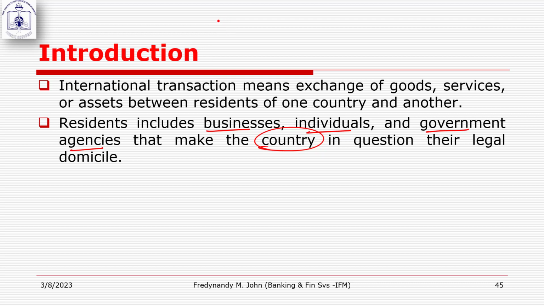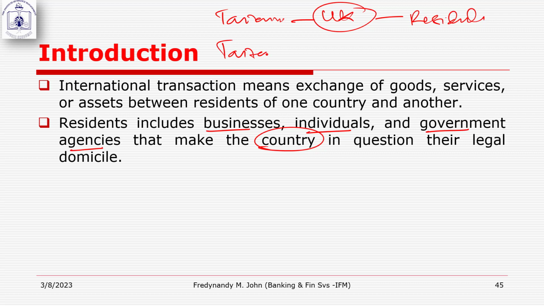So we might have, let's say, Tanzanians who are legally living in the UK. That is to say, the UK is their domicile, and so they are residents of the UK. But as well, we have Tanzanians who live in Tanzania, and so they are residents of Tanzania simply because the country is their domicile.